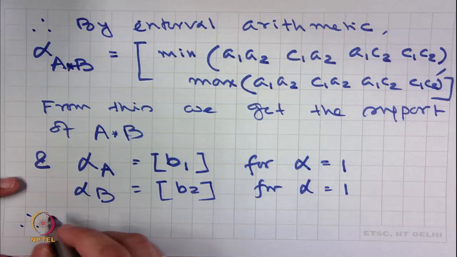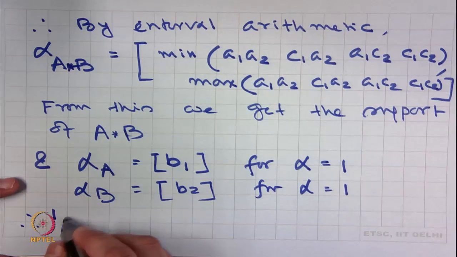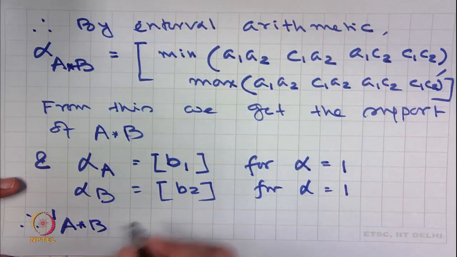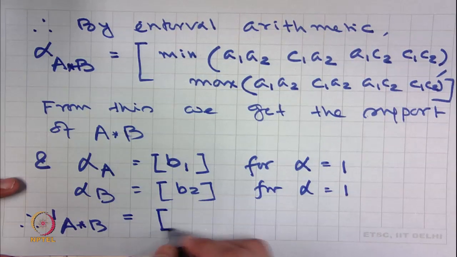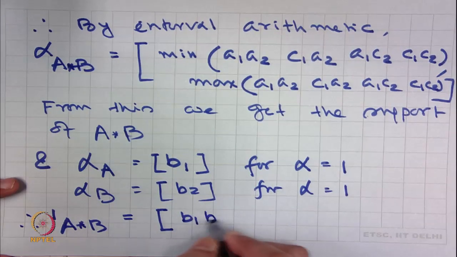Therefore, one cut of A star B is, by interval arithmetic, simply B1 B2.